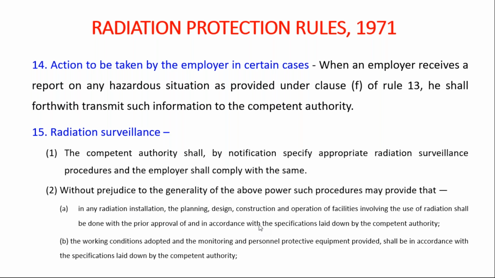So whatever the planning, design, construction, and operational facilities of the radiation installations, all these activities and specifications should be decided by the competent authority, and the employer is the main responsible person who is going to comply with and follow all these guidelines. The working conditions adopted and the monitoring and personal protective equipment provided shall be in accordance with the specification laid down by the competent authority.